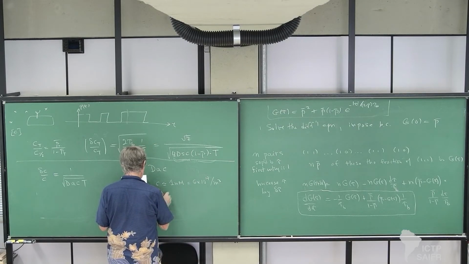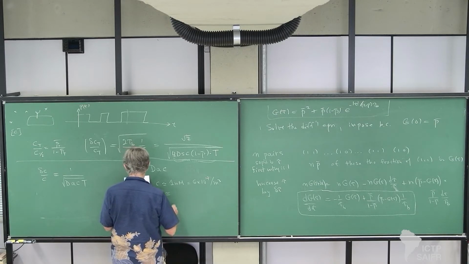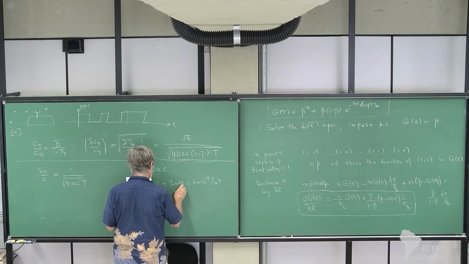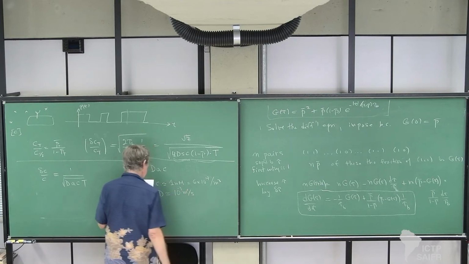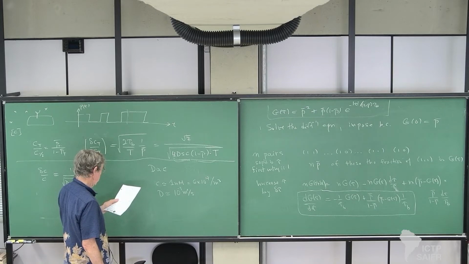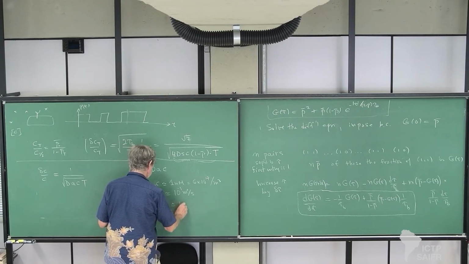D for a self-respecting edible molecule, glucose or something like that, is like 10 to the minus 6, 10 to the minus 9 meters squared per second. You can look up these things. And let's put in a size of order 1 micron.